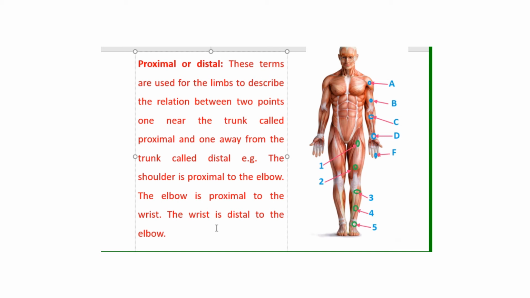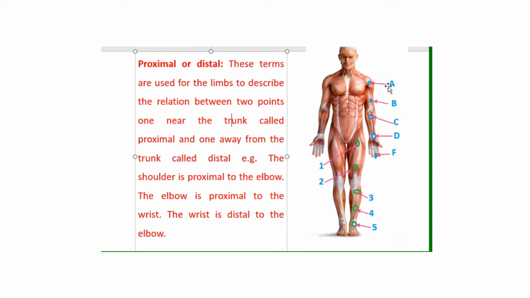The point which is nearer to the attachment of the limb to the trunk is proximal to that which is away from the attachment of the limb to the trunk.